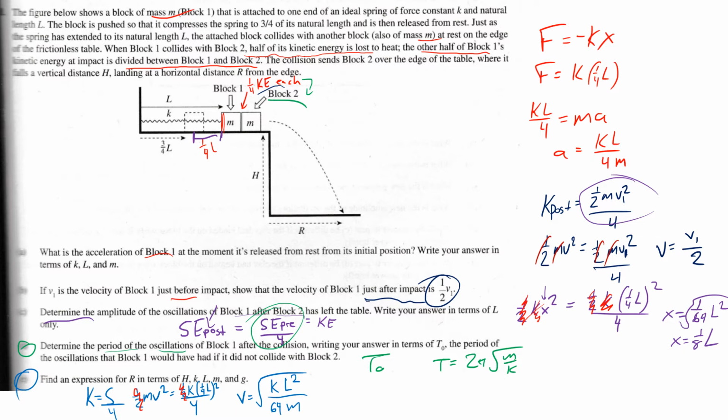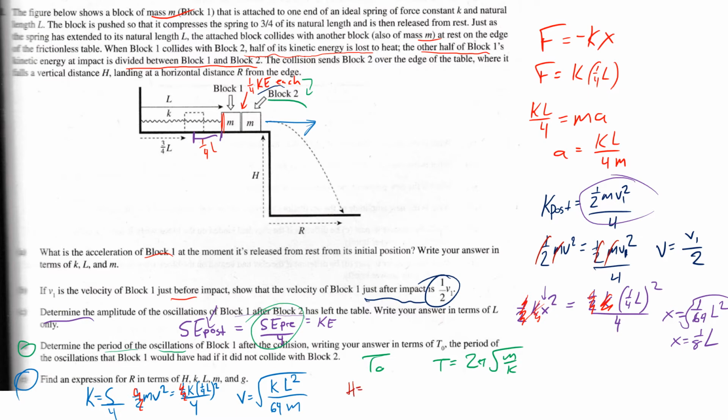So now we got to figure out how far it will go. It's going to start off with a vertical velocity of 0. We have to figure out the time. All right, I'm going to grab a different color just for now. So falling straight down, we're going to have a distance of h.